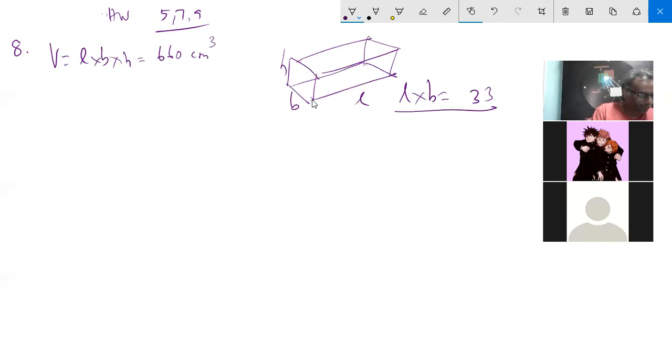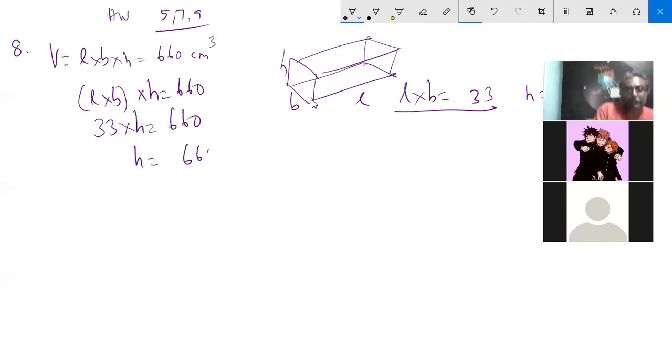What is the height? So L into B into H is equal to 660. L into B is 33, so 33 into H is equal to 660. H is equal to 660 by 33. This will go 20 times. Height is equal to 20 centimeter. Which choice is there? Option 3, 20 centimeter.